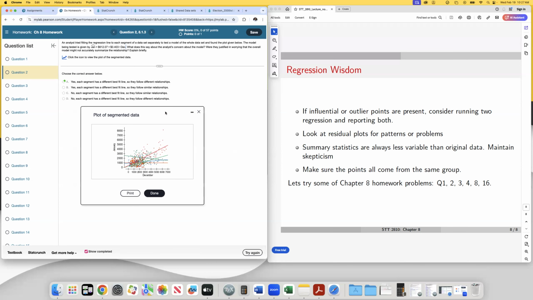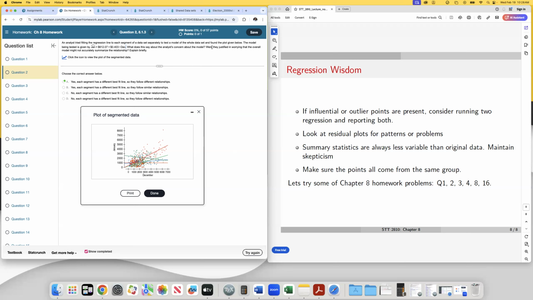Now let's look at the possible answers. The first one says yes, each segment has a different line of best fit. You can see here the direction is positive, here the direction is negative, and this looks neutral.